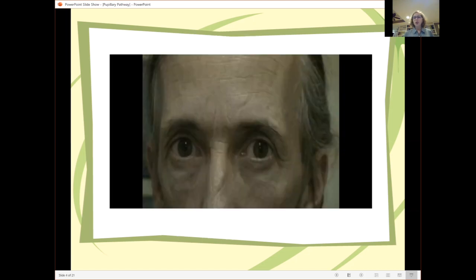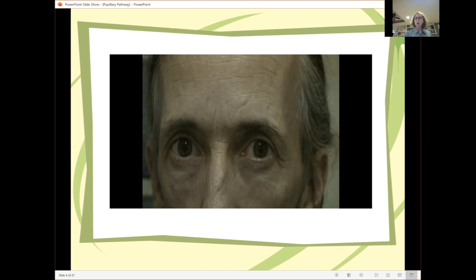This first patient has a grade 3 relative afferent pupillary defect in the left eye. So what you'll see when we shine a light from the right eye to the left eye, you'll see immediate dilation of the left pupil. When we shine the light from the left eye to the right, you will see constriction of the pupil.